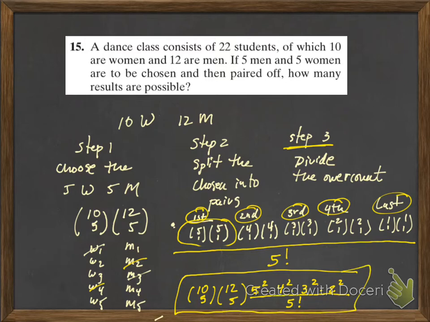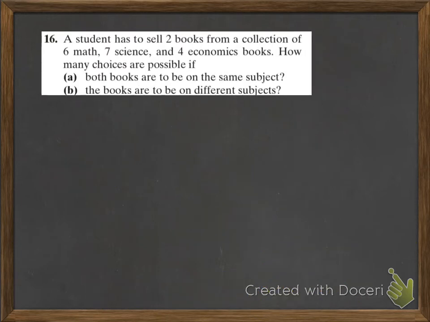All right, let's move on to number 16. A student has to sell 2 books from a collection of 6 math, 7 science, and 4 econ books.